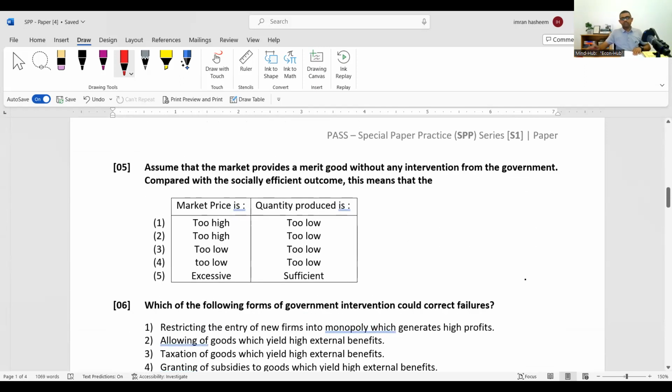Question 5. Assume that market provides a merit good without any intervention from the government. So without intervention, if the market is providing, it's definitely underproduced. There's no questions to be asked there.